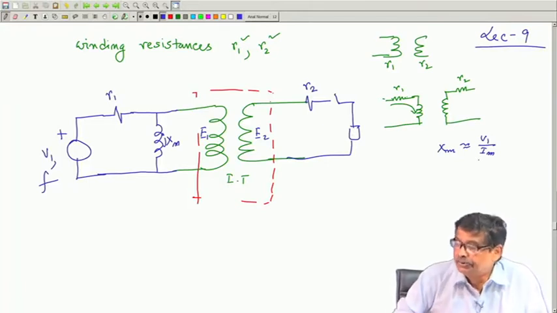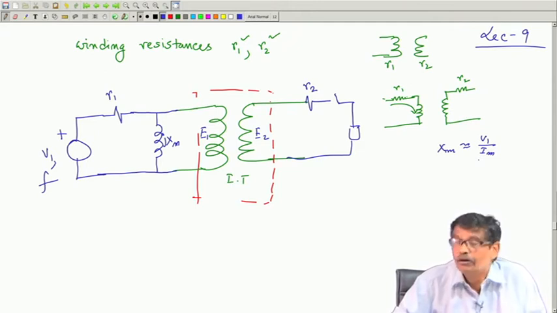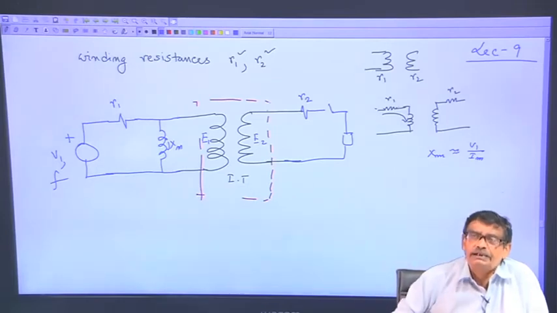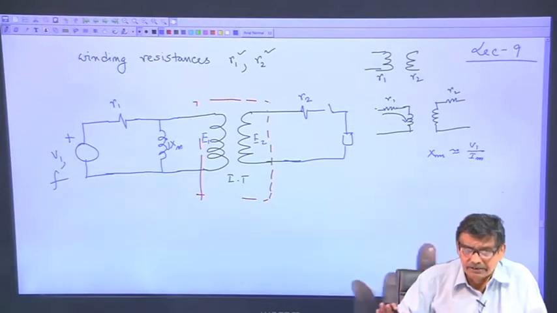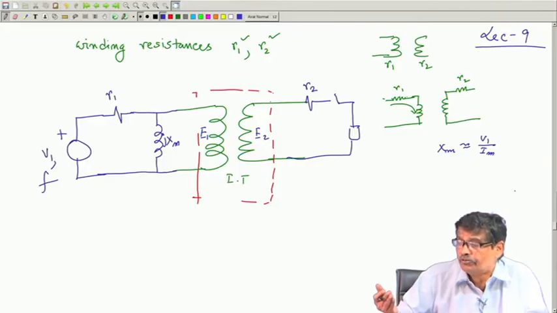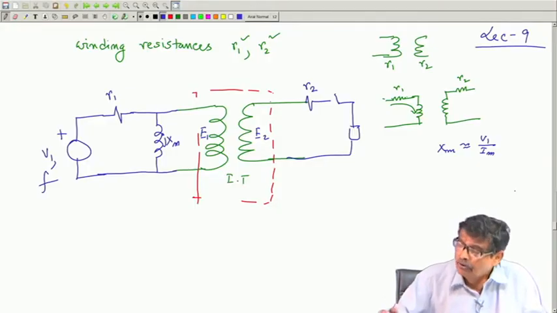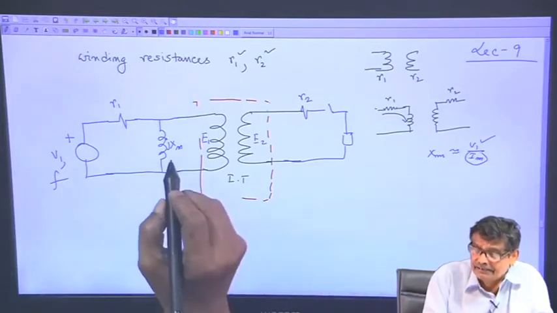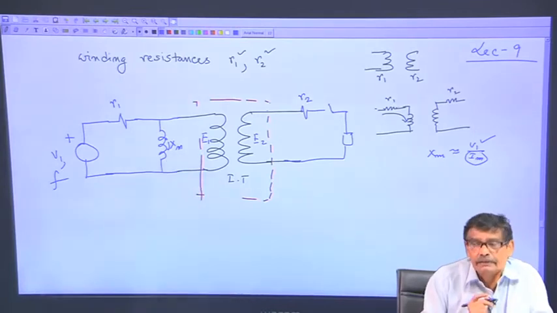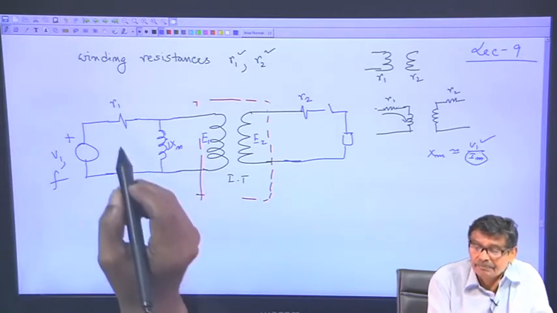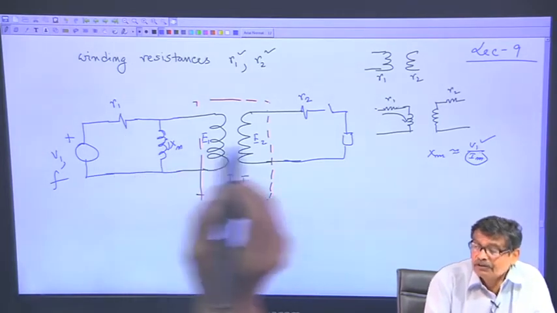If I choose a magnetic material which requires a very high value of magnetizing current, then X m will be low. Better and better material I use, which is certainly not ideal with mu r tending to infinity, maybe mu r is equal to 5000, quite a large number. So I m will be small, V 1 is fixed. So X m is generally high, that is why I have written capital letter, and with so many turns, just to indicate that okay, R 1 is small, small.